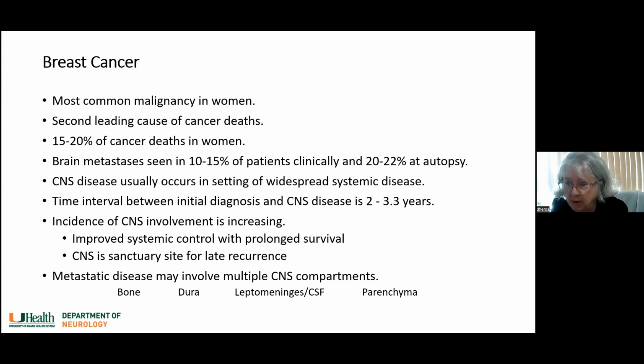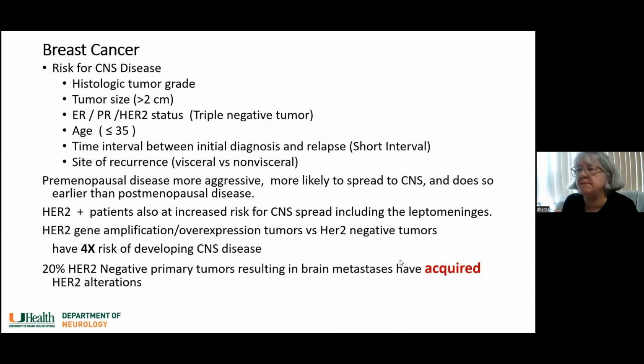For example, bone is a very common site. So they get base of skull, bony disease with cranial neuropathies. Breast cancer tends to spread to the dura. Leptomeninges, as I mentioned, with involvement of the CSF and the brain parenchyma. And oftentimes breast cancer patients will have multiple compartments that are causing various neurologic symptoms.